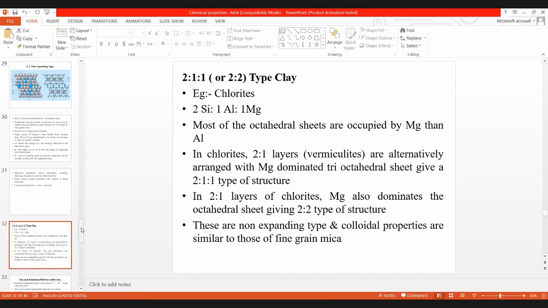If the question is compare and contrast, first you have to write the similarities, then the differences. Both colloids have two silicon tetrahedral and one aluminium octahedral layer. That is a similarity. And again, you can give one example. Second point. Third point, differentiation. Can anyone answer?